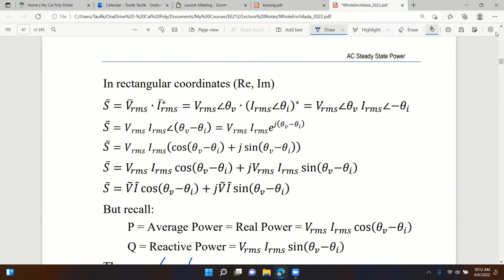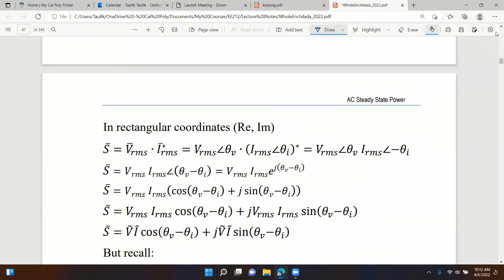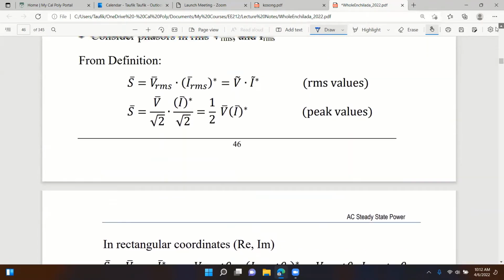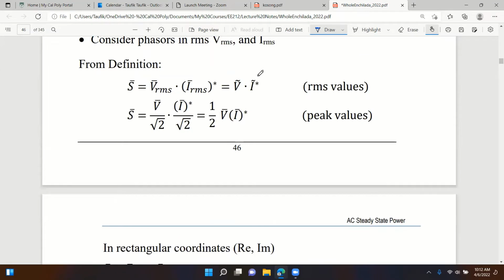But initially, the equation of complex power is defined to be the product of the voltage and the current complex conjugate, right? So voltage times current complex conjugate. If you use RMS, then there is no 1/2. If you are using peak values, then the 1/2 should be there.